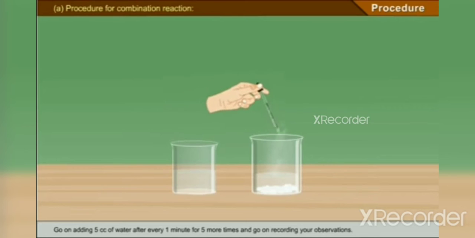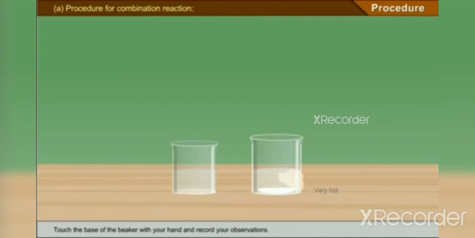You can see here the vapors are coming out. We have to touch the beaker and record the observation. We can see that the beaker will be hot. As the water comes in contact with the slaked lime, it starts making a noise and gives some steamy vapor.